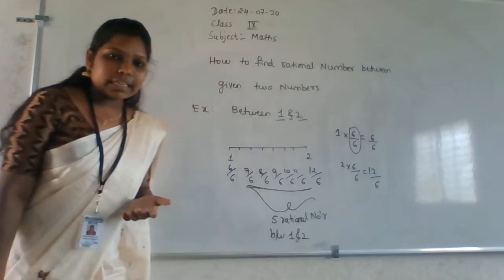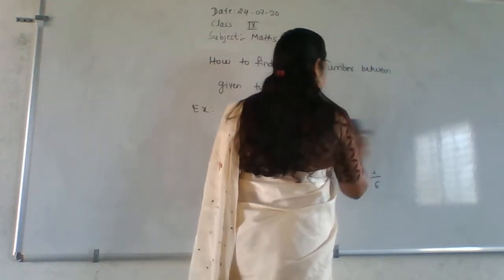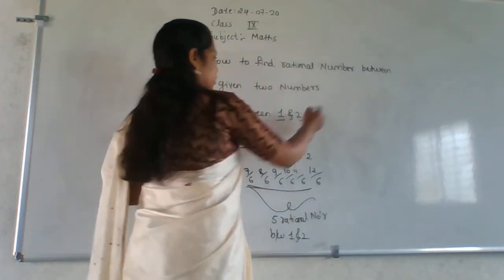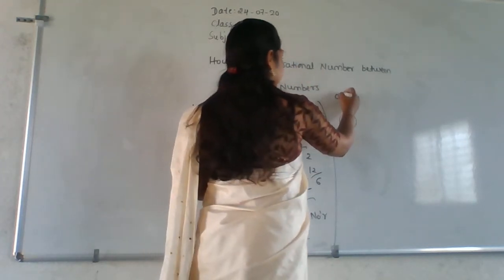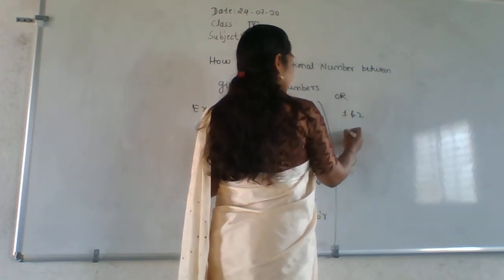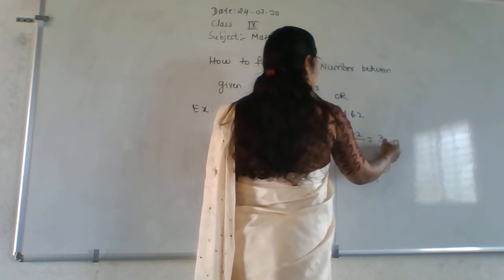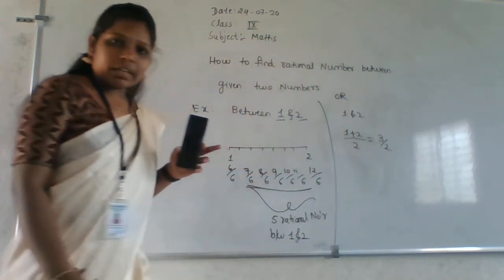In your textbook, they have given another method. For 1 and 2, you have to add and divide these numbers. 1 plus 2 divided by 2 is 3 by 2, one rational number.